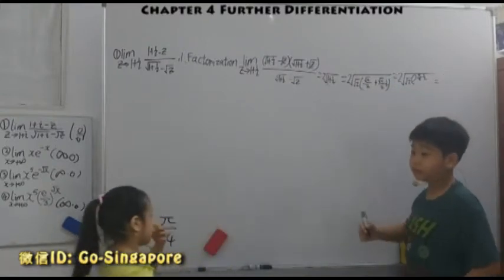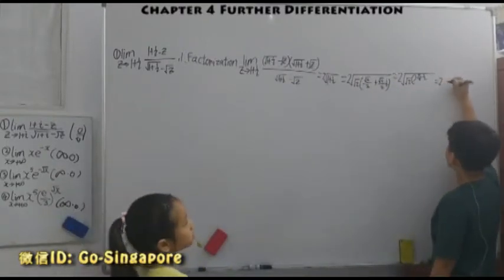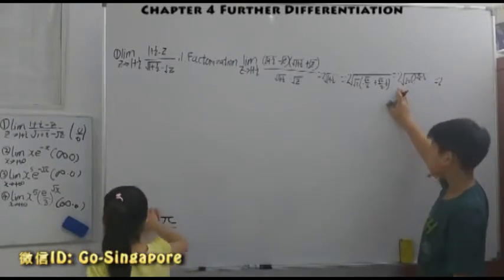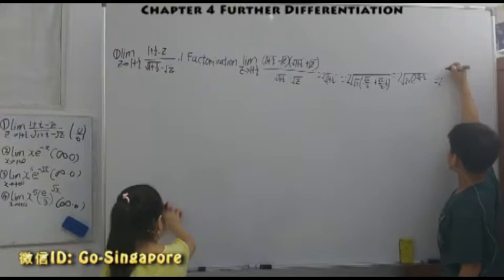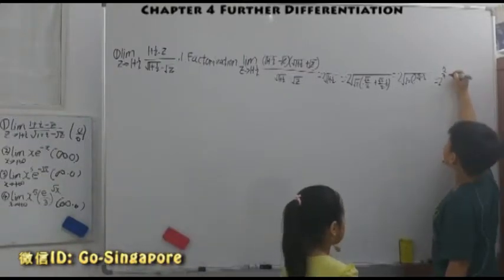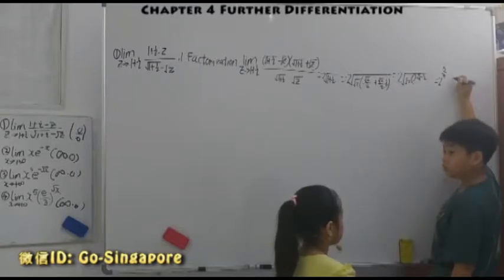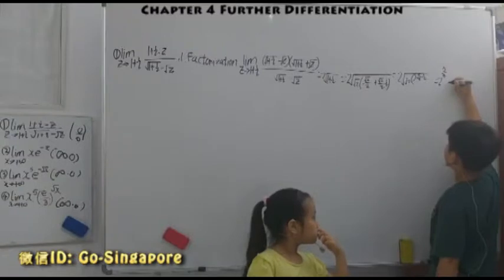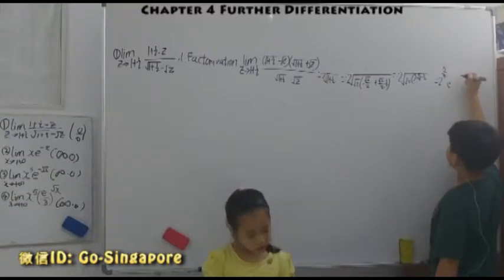But we haven't finished yet. This is Euler's formula. This square root 2, take it out, so this becomes square root 2 e to the power of i pi over 4. Then another square root. Or can we just write here e to the power of something?